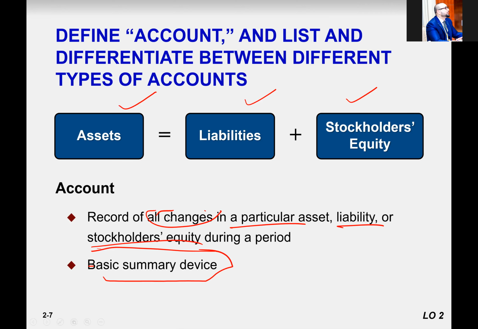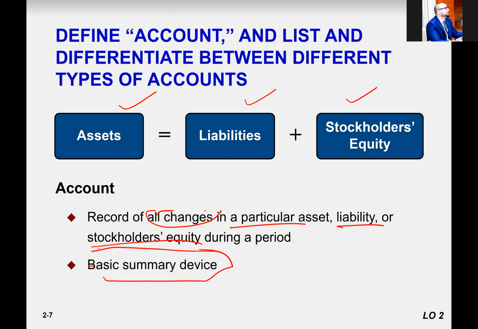For example, we talked about the categories of assets: current assets and fixed assets. Under current assets, we talked about cash, marketable securities, which are short-term securities or short-term investments, inventory, and accounts receivable.